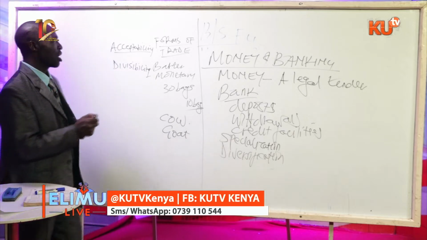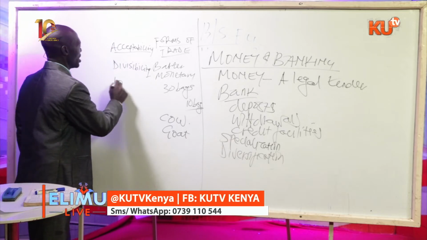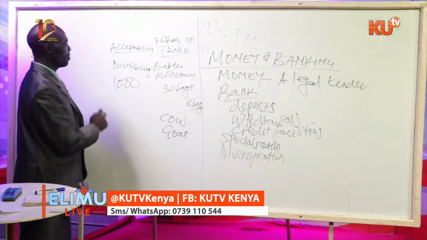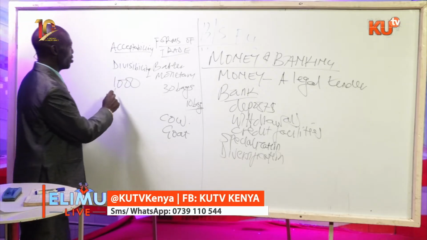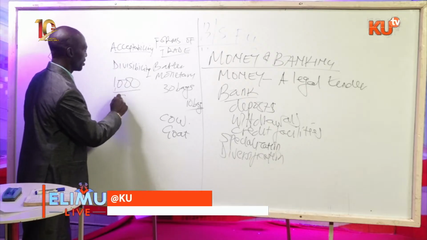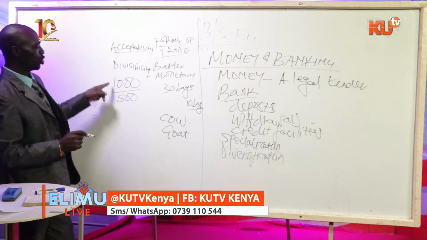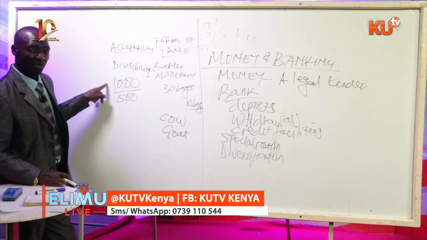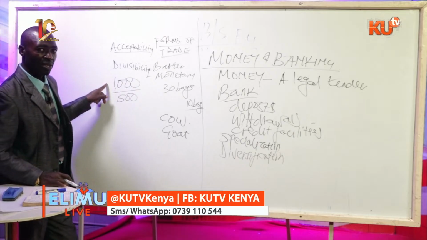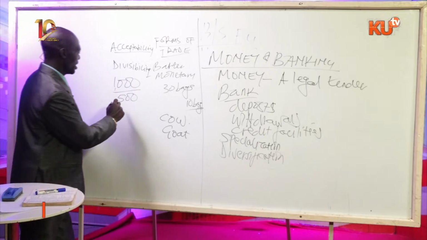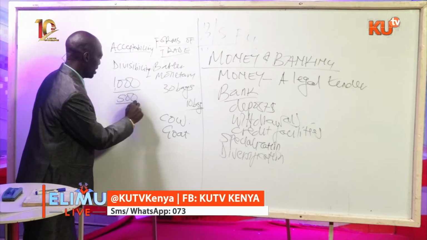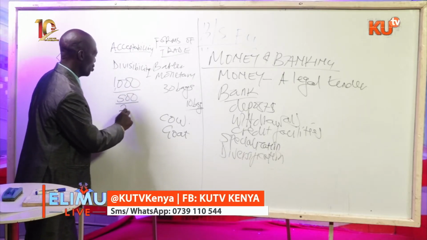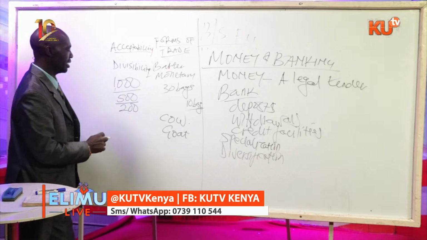In this case, we have the note of 1,000. If it is divided into notes of 500, we have two 500 notes in 1,000. This 500 can be divided into 200 and 100 notes.